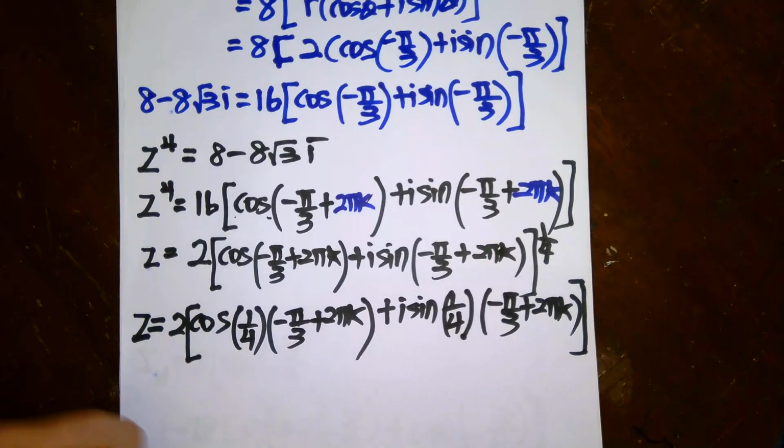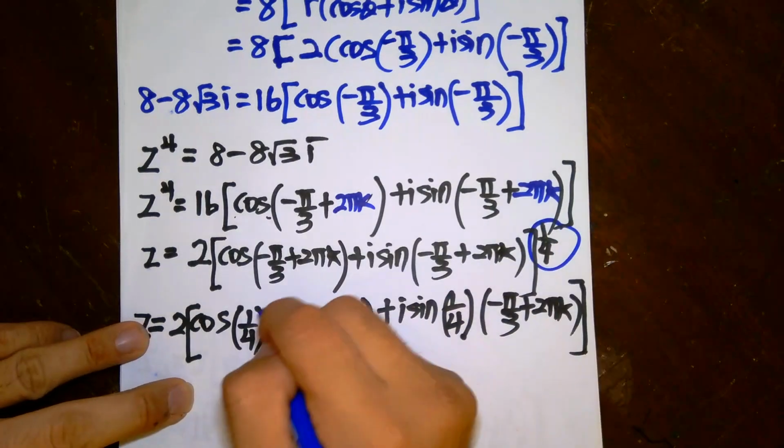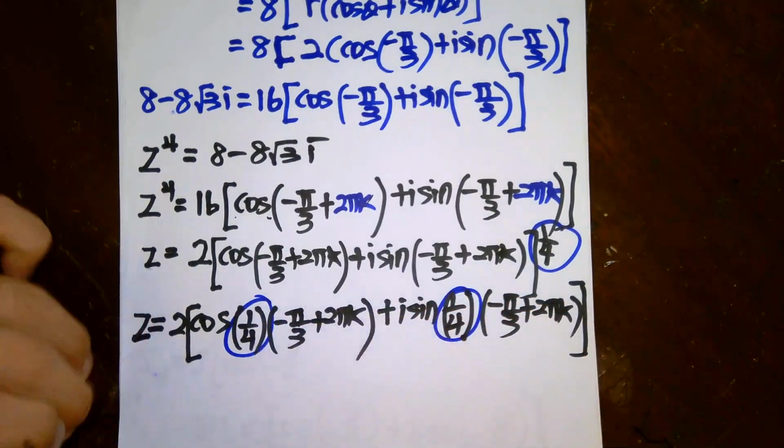I multiplied the 1 over 4 here. Can you see that? The 1 over 4 I have already multiplied into the argument.